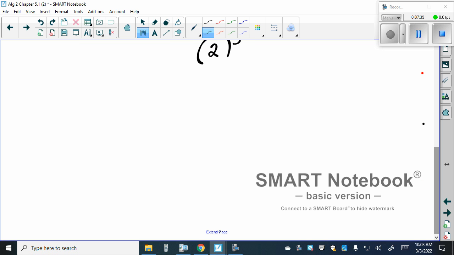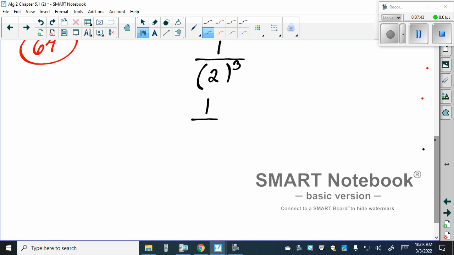Now, the last thing we need to do is apply the 3rd power, because we have 2 to the 3rd, which should be 8. So our final answer is 1/8.